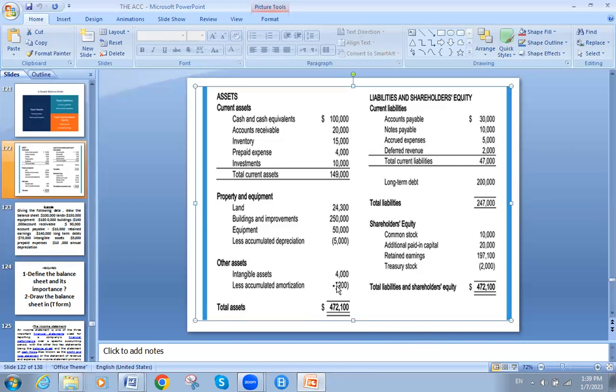So if one side is greater than the other, what will happen? For that reason we call it a balance sheet, because like you see here, 472,100 and 472,100, both sides must be the same.